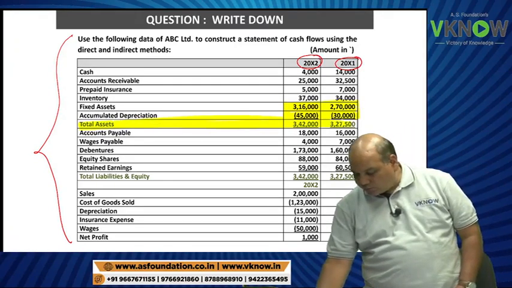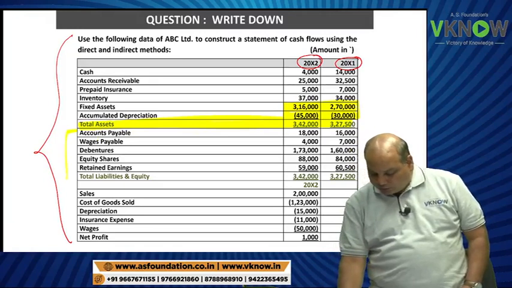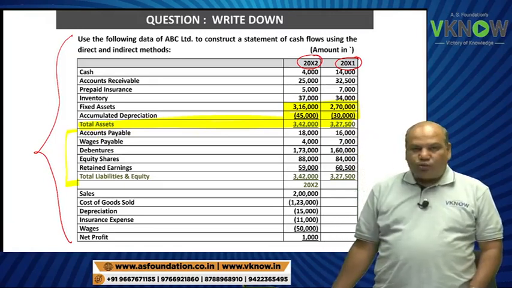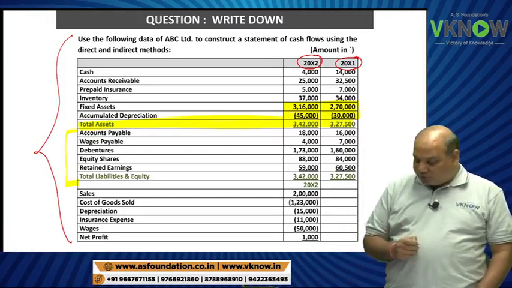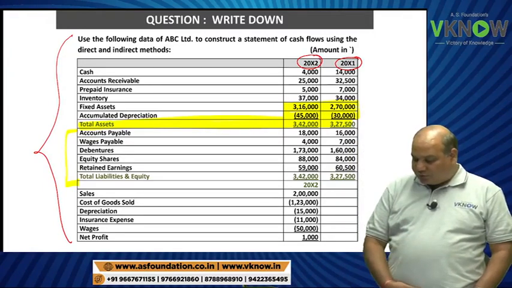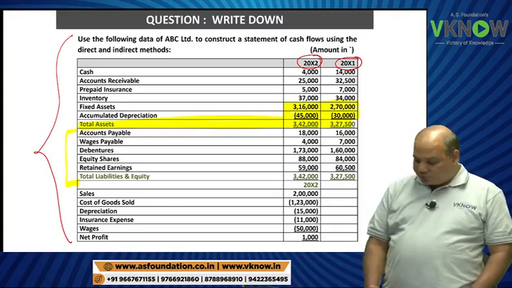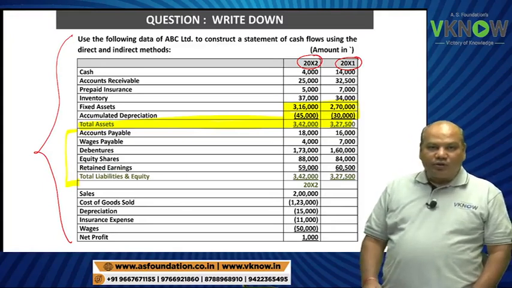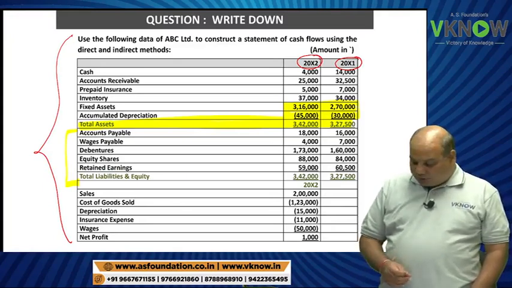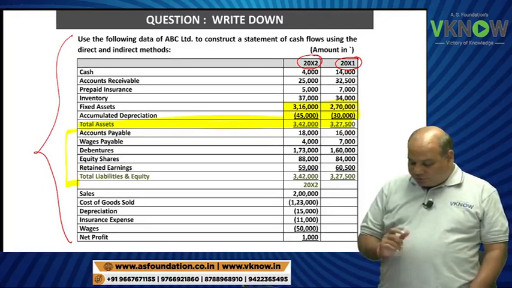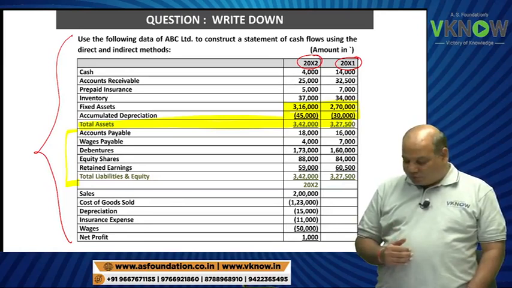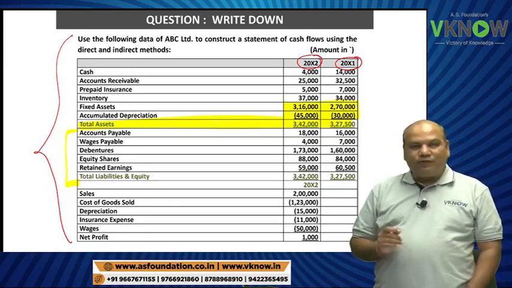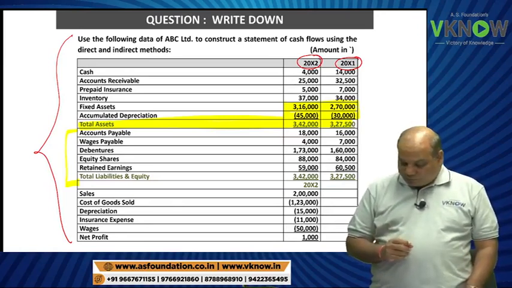Below that, write down liabilities item now. Accounts payable 18,000, 16,000. Wages payable 4,000, 7,000.